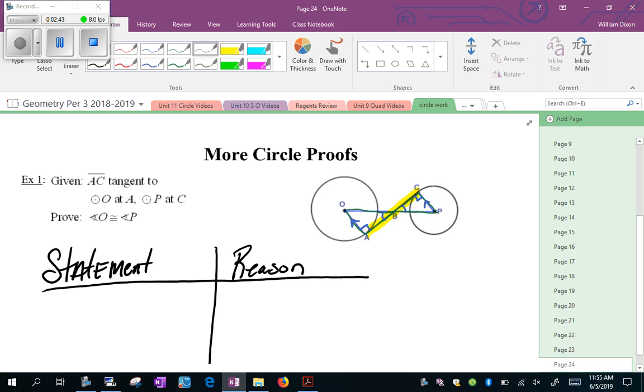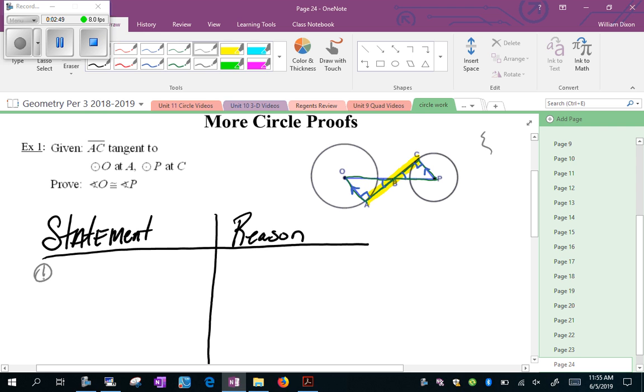So the first thing I'm going to write is that I have line AC tangent to O at A, that's an at, and it's tangent to P at C. And that reason is given. And no, you cannot skip that. All right, very important.